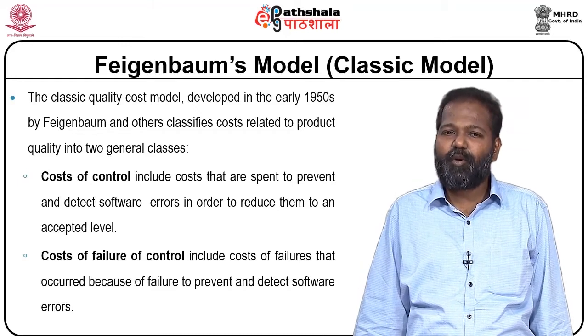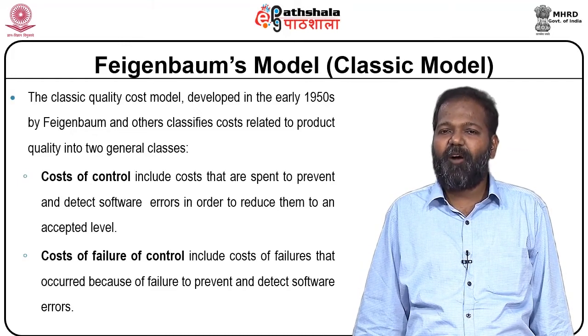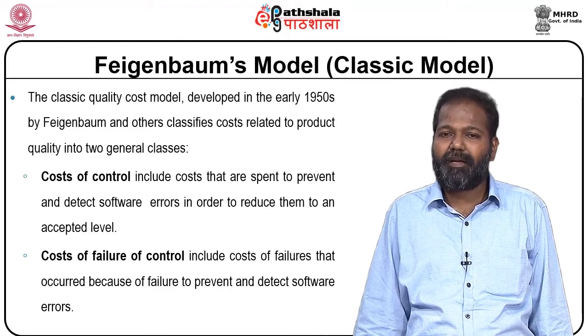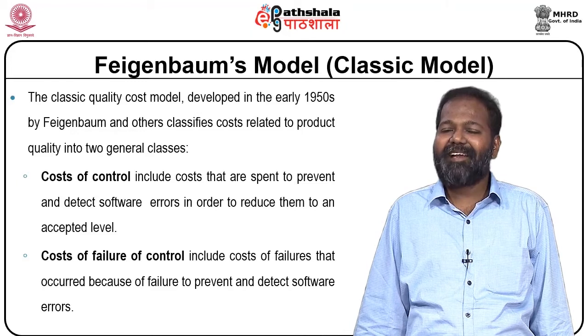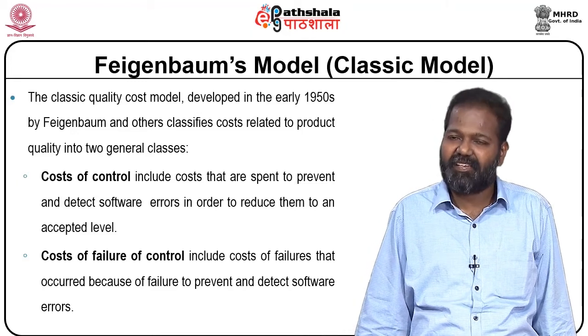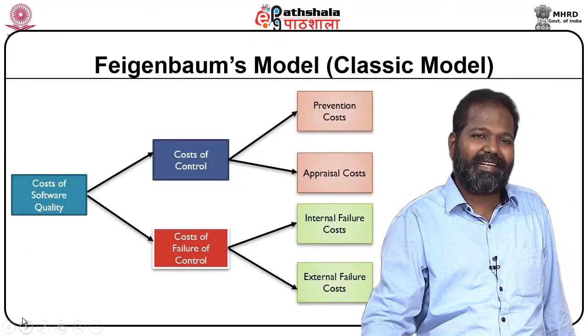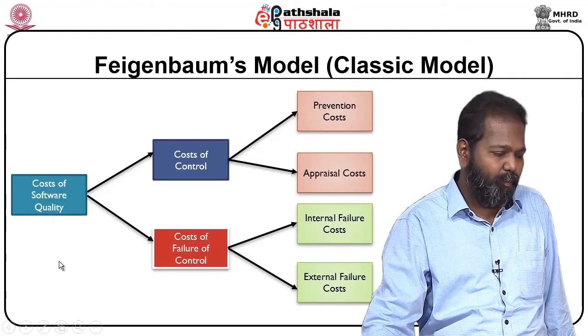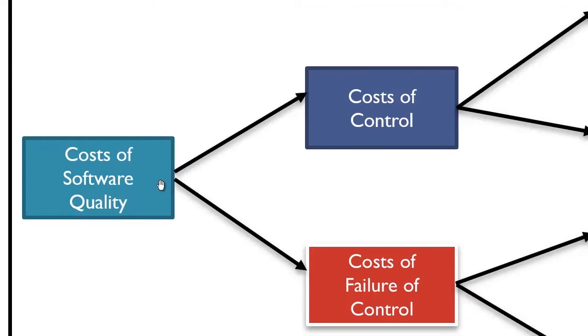Cost of failure of control include costs of failures that occurred because of failure to prevent and detect software errors. Here we are able to see the diagrammatic illustration of the classic model: costs of software quality, costs of control, costs of failure of control.